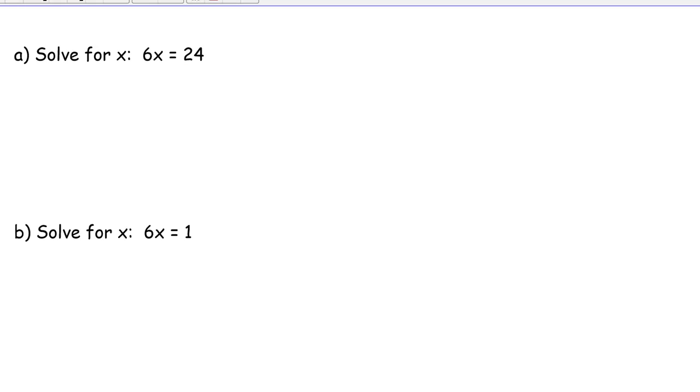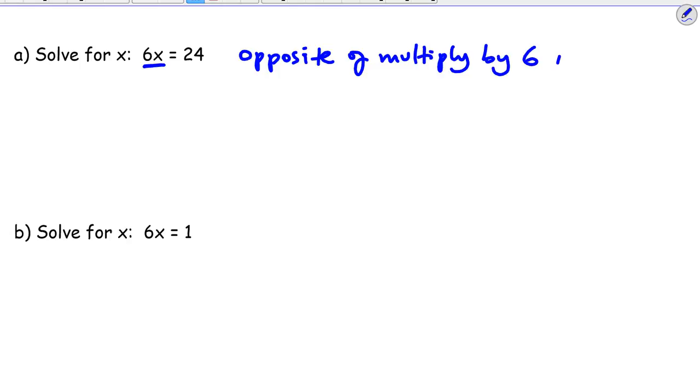Here are two other examples, and we'll do the same thing. Now if you look at this example, x is multiplied by 6. The opposite of multiplied by 6 is divide by 6.